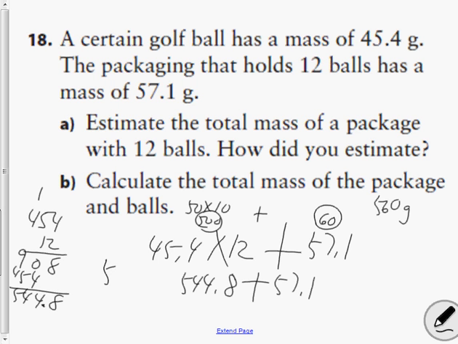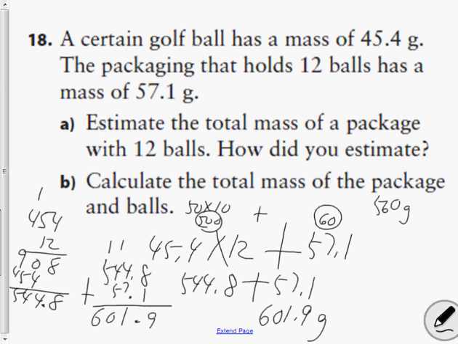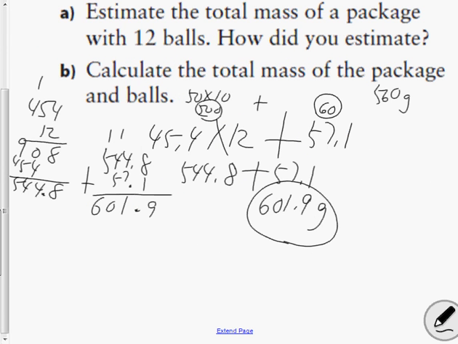Now I got to switch gears. When I add using an algorithm, I want to make sure I line up my decimals. And my final answer is 601.9 grams is what the package is going to weigh with the golf balls. My estimation was 560. I was about 40 grams off, 41.9 grams off. Not too bad.